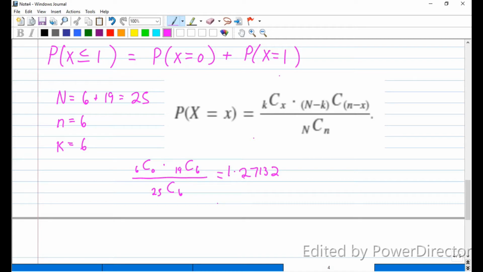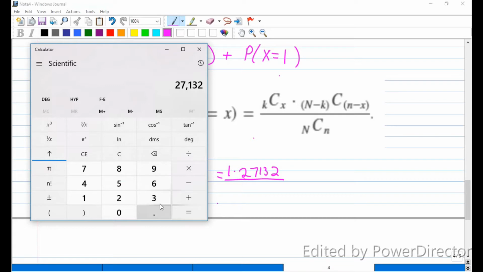So it's 1 times 27,132 divided by 25 factorial divided by 19 factorial divided by 6 factorial.